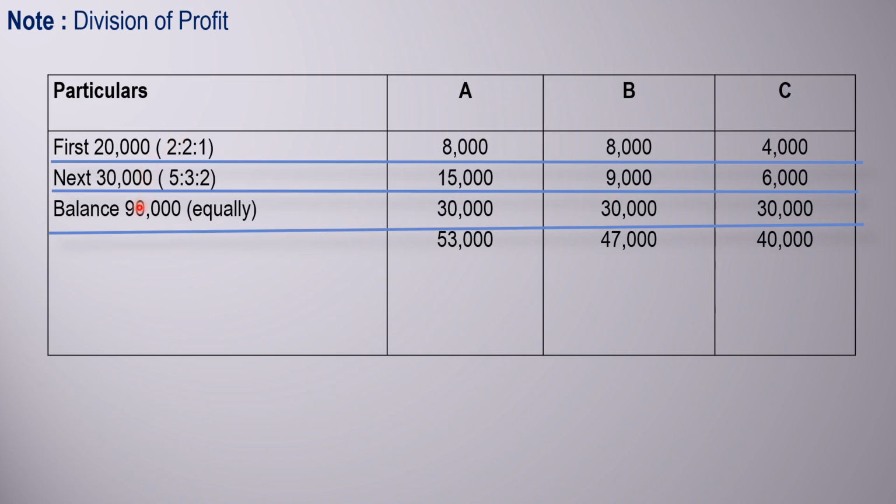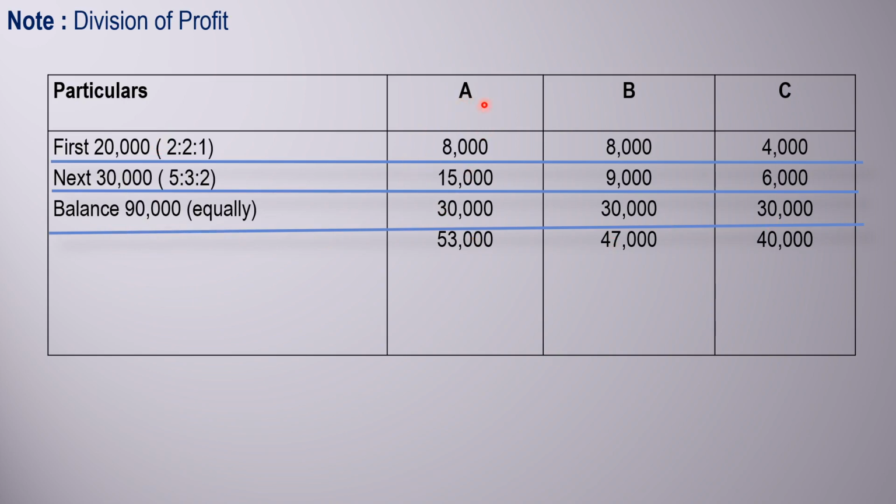Next, another ceiling of profit, or slab of profit, that is 30,000 in the ratio 5:3:2. It is already given. In that ratio you have to distribute. So 30,000 into 5 by 10, 30,000 into 3 by 10, 30,000 into 2 by 10. So 5 by 10, that is half, 15,000 came. 3 by 10 is 9,000, and 2 by 10 is 6,000. And the balance, 1,40,000 minus 50,000, that is 90,000, is distributed equally, 30, 30, 30.